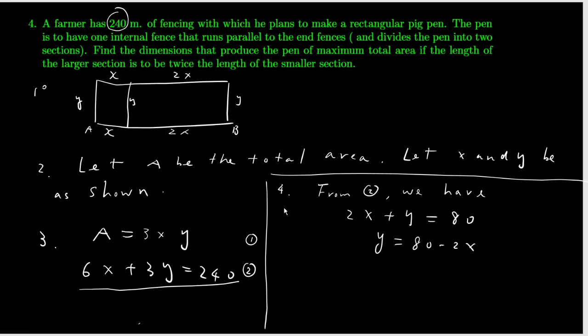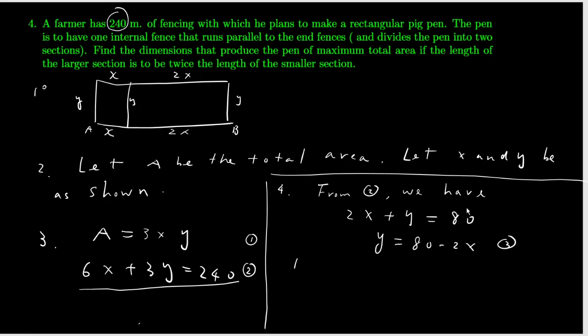Just try to follow me. Why do we do that? We want to plug the y value, y equals 80 minus 2x, into equation 1, so we can write A as a function of only one variable, x. You're going to see what's going on. I'm going to call this one equation 3.